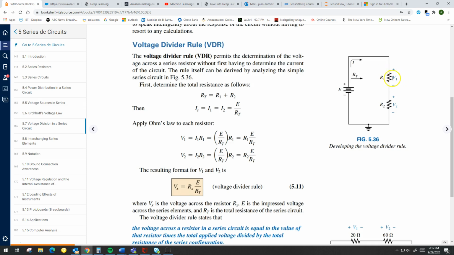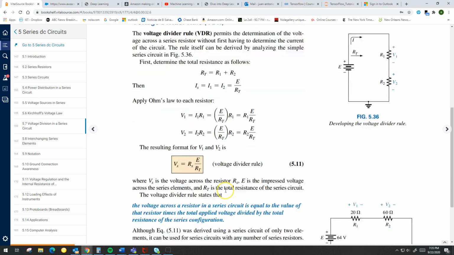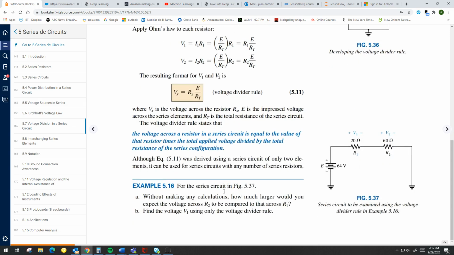So V1, this will be the resistance next to that V1, is equal to R1 divided by the sum of the two, R1 plus R2, times the voltage that splits. R1 plus R2, because that's the total resistance, right? It's the same thing. And you'll see you need to practice to really grasp it and make more use of it. But we'll do some examples.